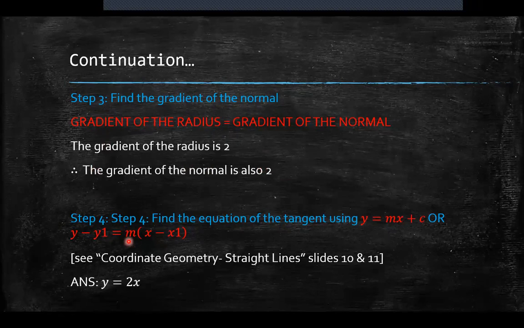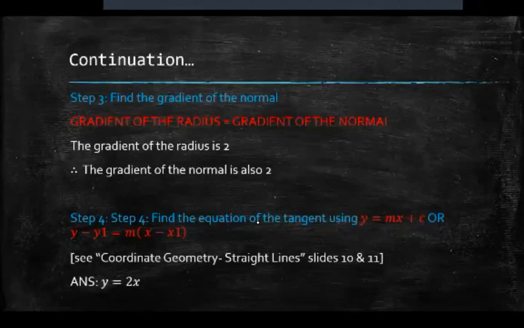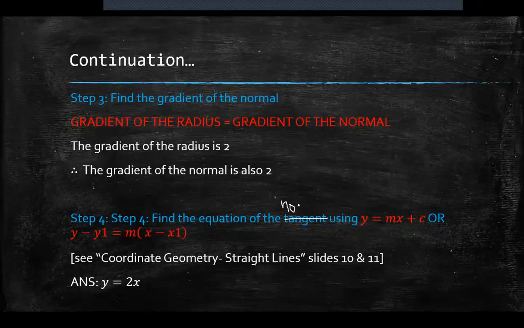It's really only the third step that changes, because in the fourth step, you're still using these two, well, one of them, to find the equation. Anyways, I'll change that to normal.